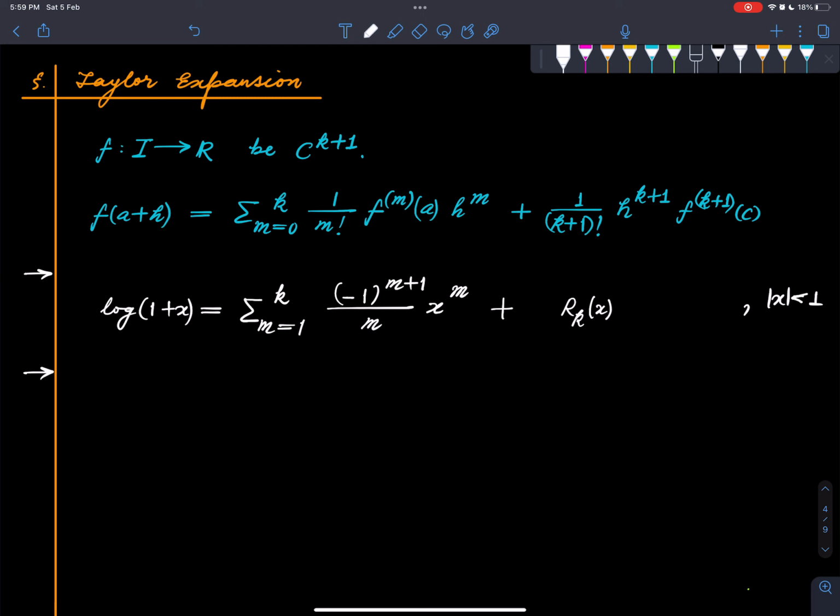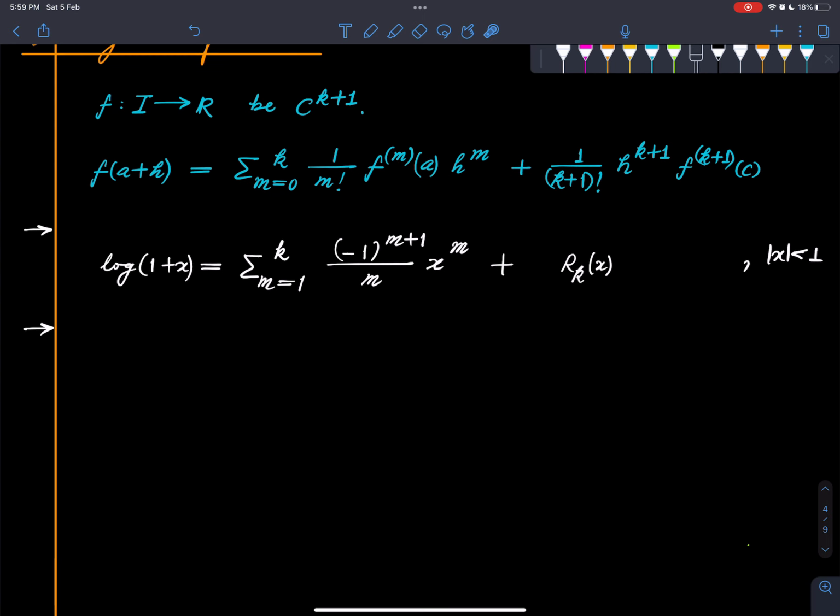It does not make sense to consider mod x greater than 1, because log of 0 is not defined. You can't have x equals even minus 1, so you're only allowed to take values here when you're doing the Taylor expansion. So log of 1 plus x is the polynomial part and the remainder part, and the polynomial part will look this way because you can just calculate the derivatives of the log function very easily.